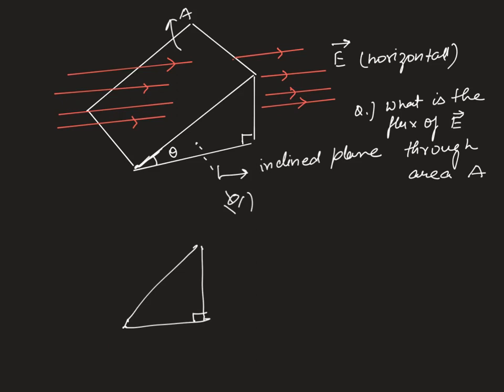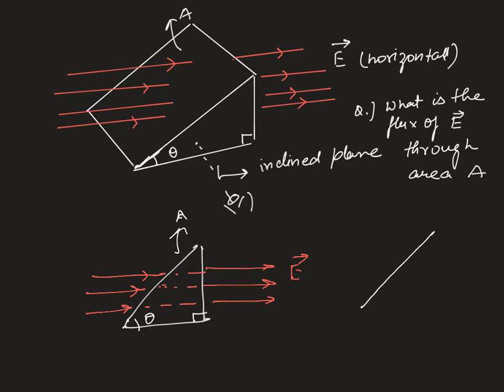And the field is obviously straight. It's passing through this like this. This is your field, and this is the area, and this angle is obviously theta. Now the question is, what is the flux? The area that we are talking about is like this, and the field we are talking about is like this.